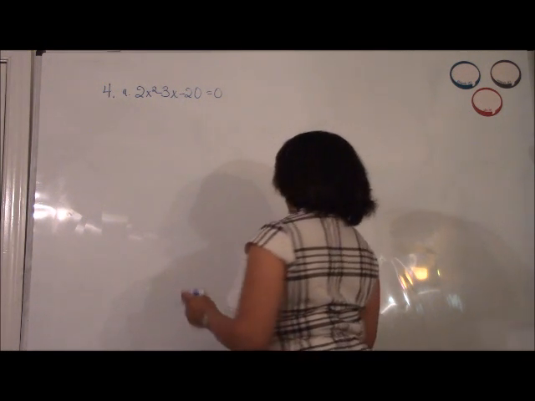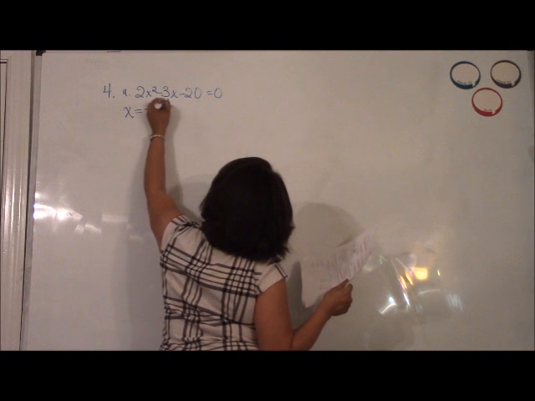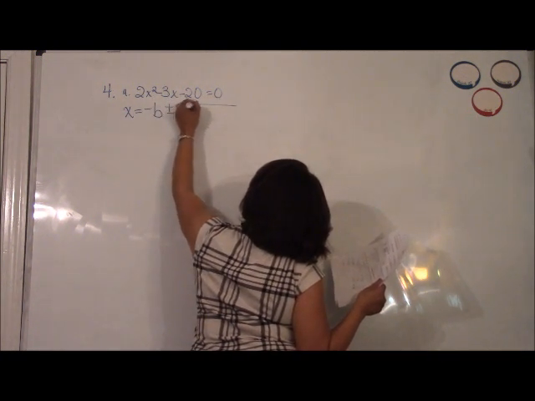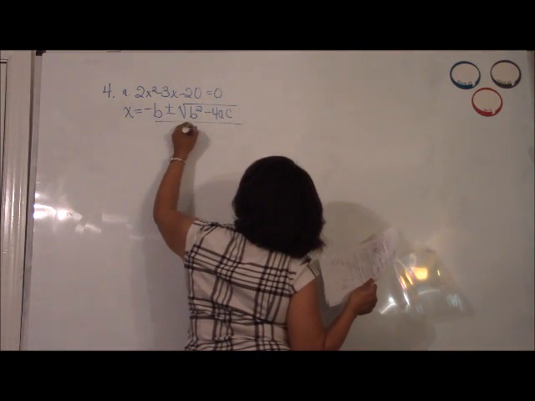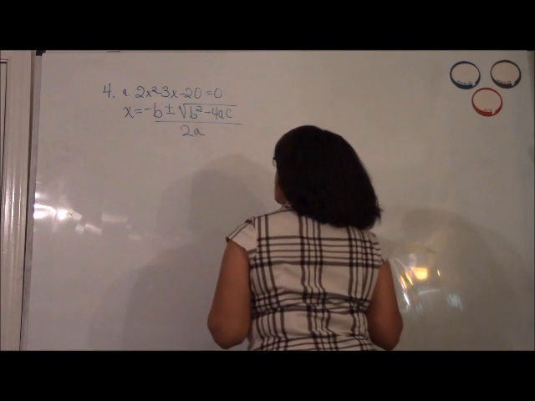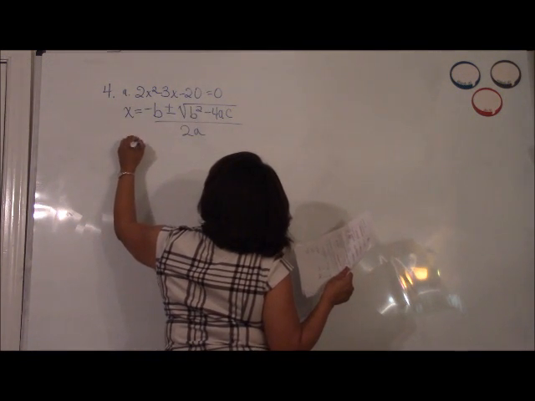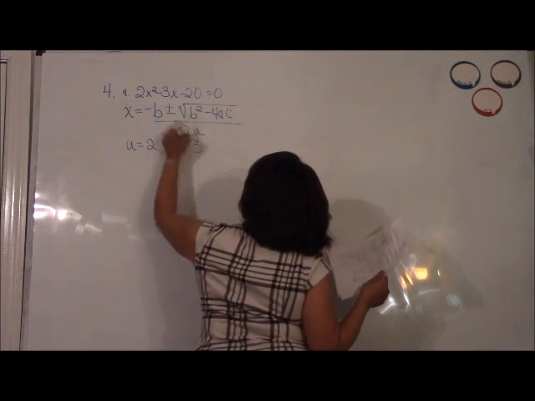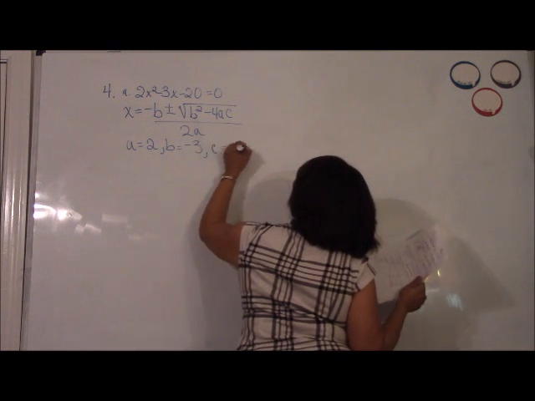So we need the quadratic formula. x is equal to the opposite of b plus or minus the square root of b squared minus 4ac, divided by 2a. So you have your formula. So now let's identify our a. We're in standard form. That's important. So a is equal to 2, b is equal to negative 3, and c is equal to negative 20.